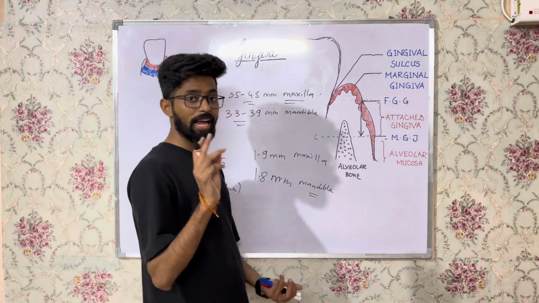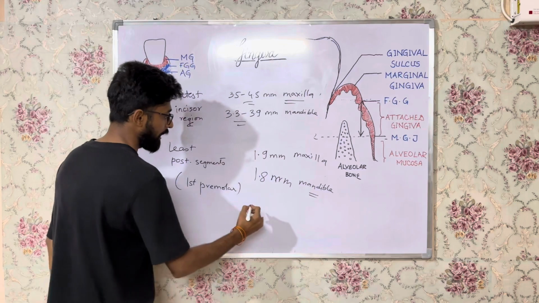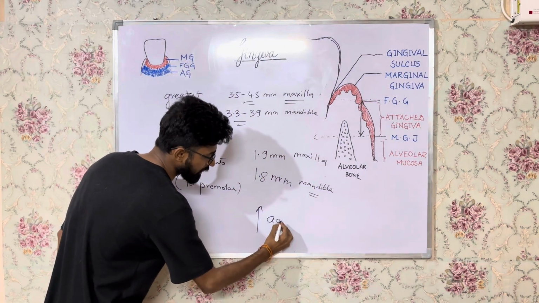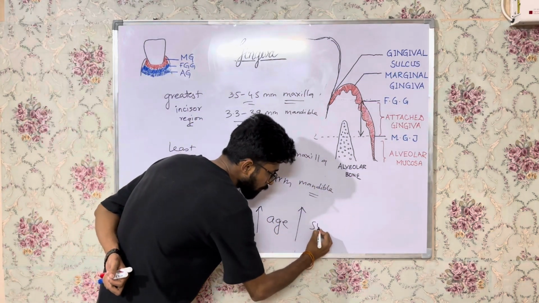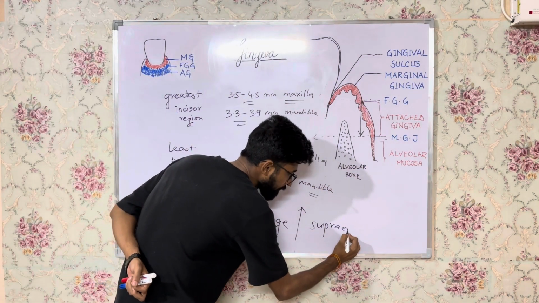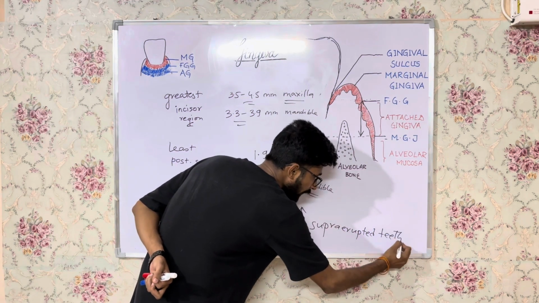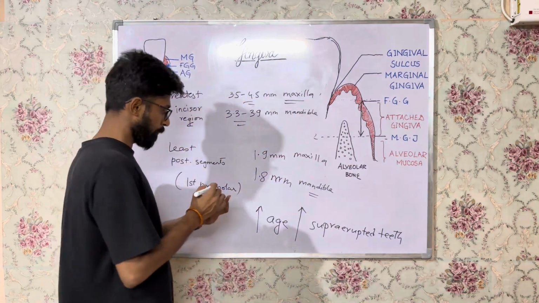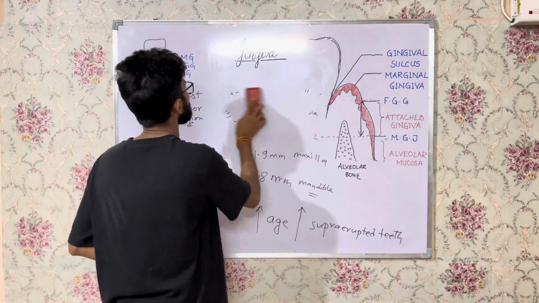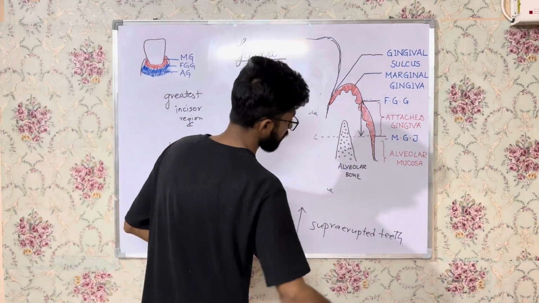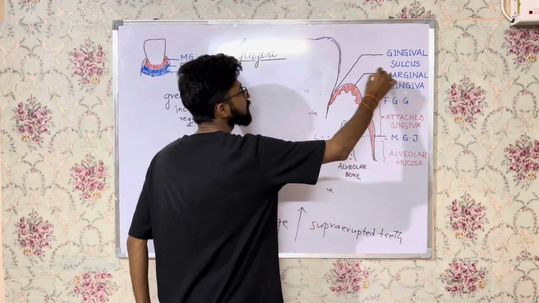Now the width of the attached gingiva increases with age and in supraerupted teeth. There is one more point: the variation in the width is due to the variation in the coronal portion of the gingiva.